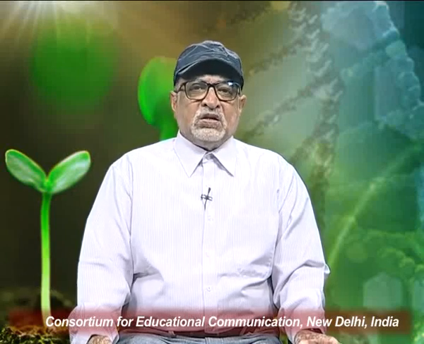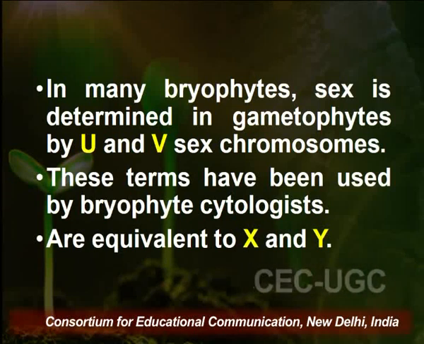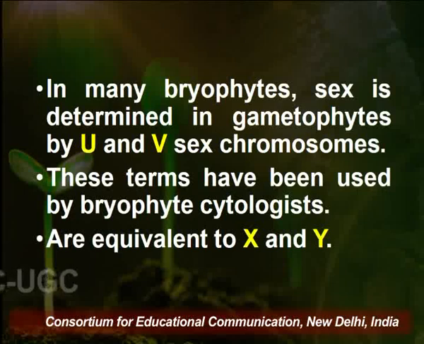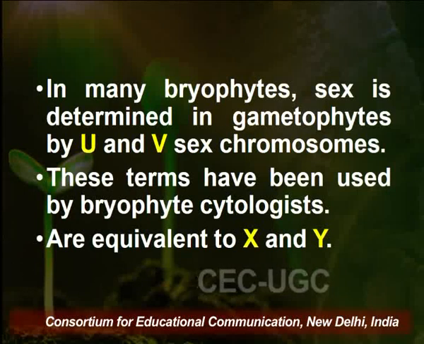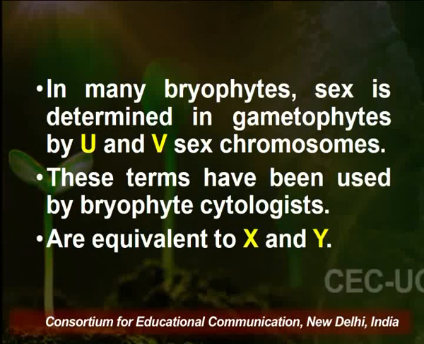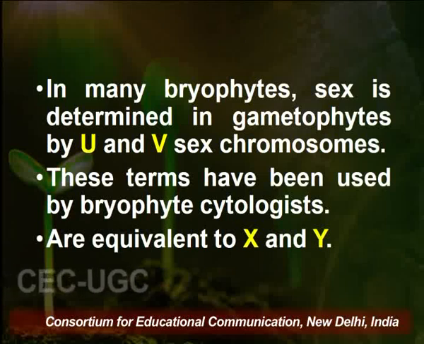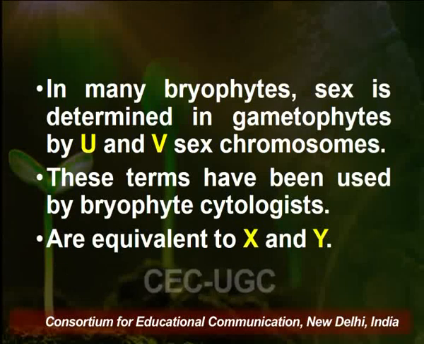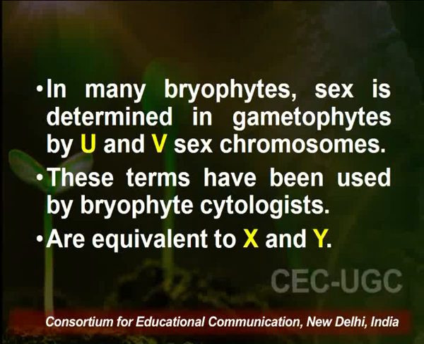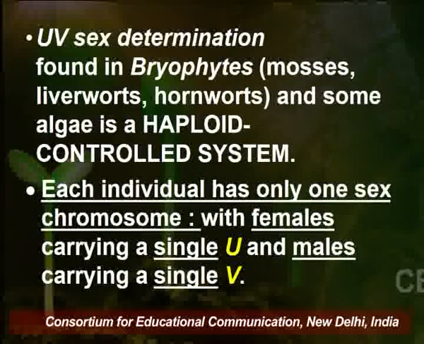But in many bryophytes, sex is determined in the gametophytes by the sex chromosomes, which we call U and V. Now, these terms have been used by the bryophyte cytologists. If we look at an equivalence, the U would be equivalent to what we think of as the X chromosome, and V will be likened to the Y chromosome.